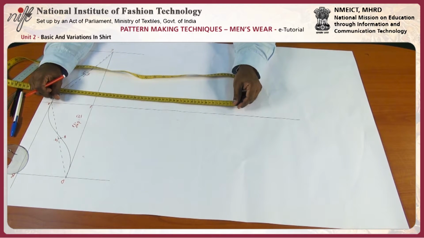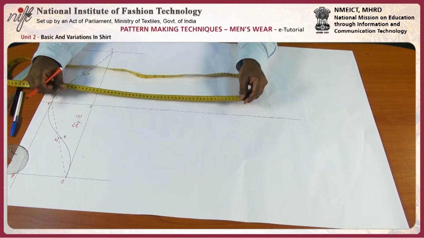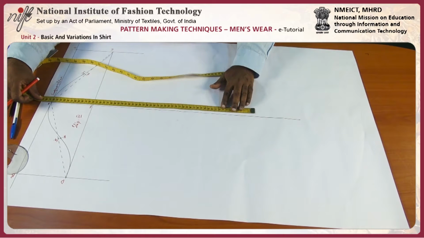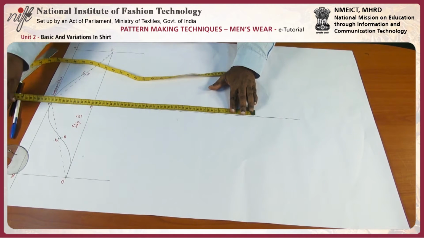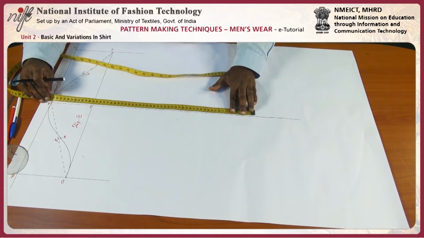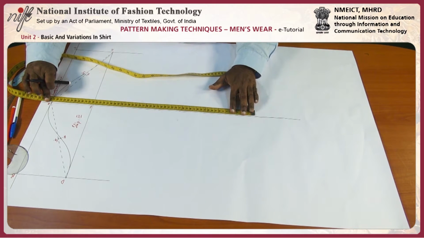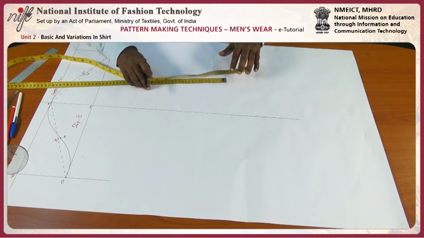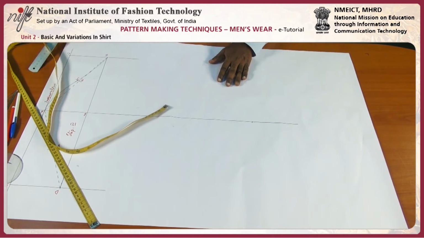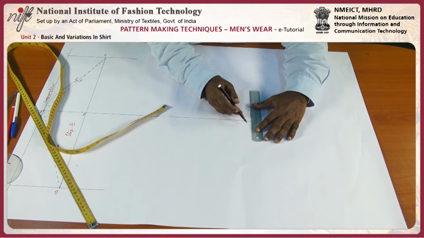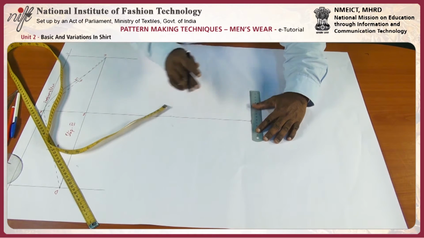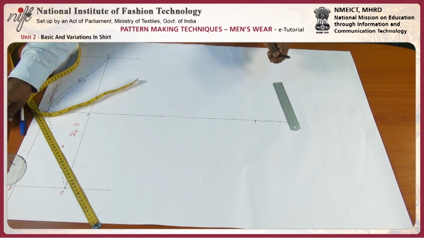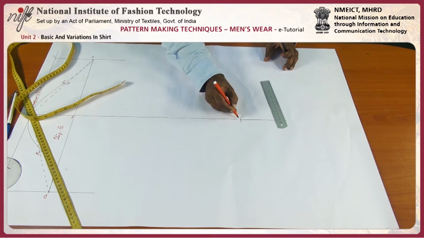Cuff width will be 6 centimeters. This measurement chart is given in the spec in the earlier exercise. This will be point K.